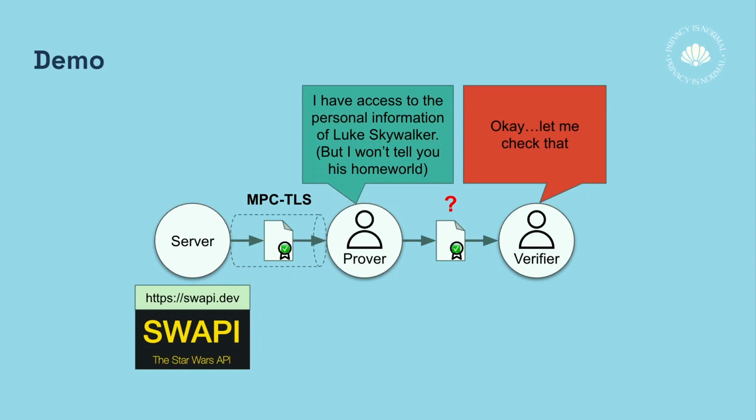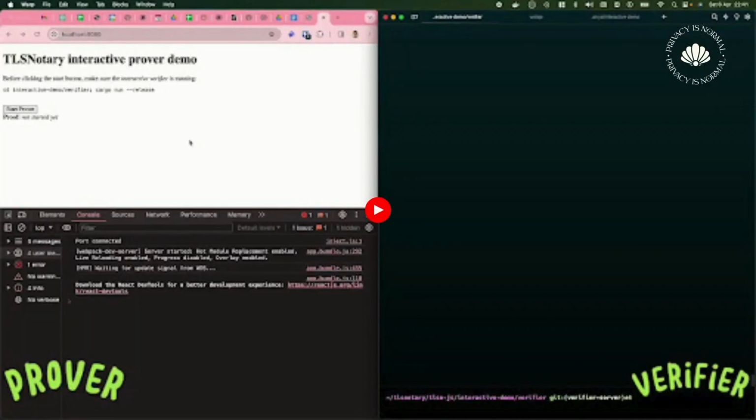And so he will share that with the verifier, but he will redact the home world. And then the verifier will cooperate in the multi-party TLS session, and then afterwards check that the data is authentic and correct. So I didn't want to tempt the demo gods, so I recorded the video.